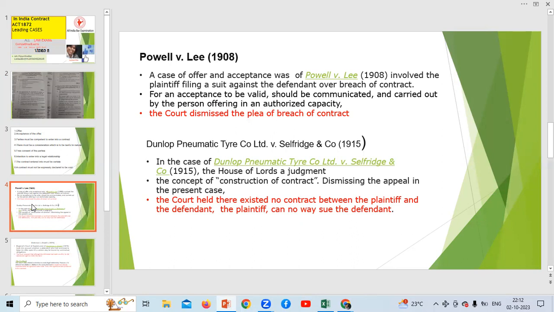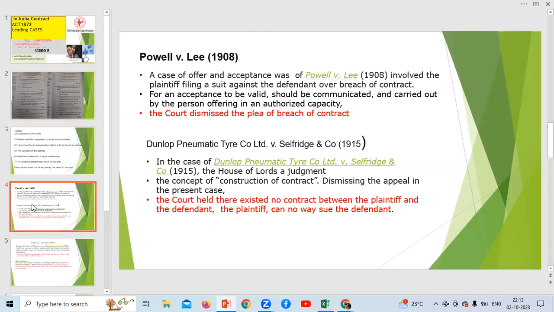Second, Dunlop Pneumatic Tyre Company Limited versus Selfridge and Company. This is a 1915 case. The House of Lords judgment deals with the concept of construction of contract, dismissing the appeal in the present case.